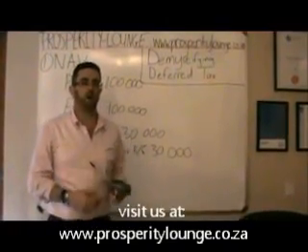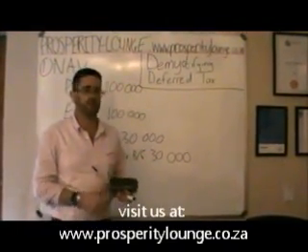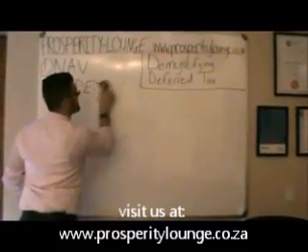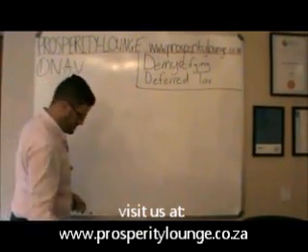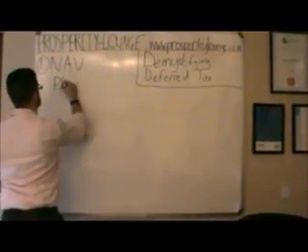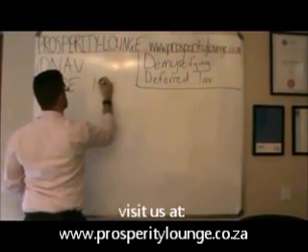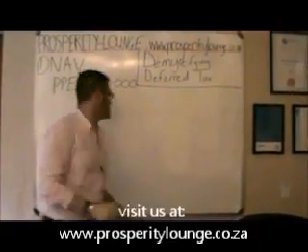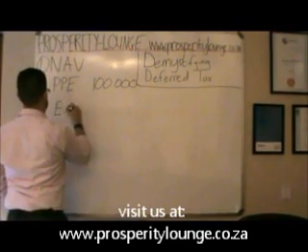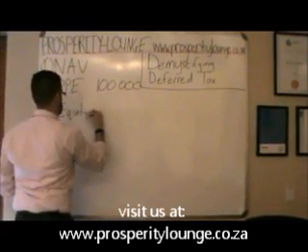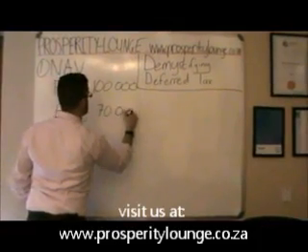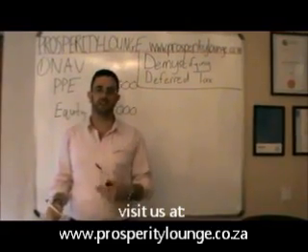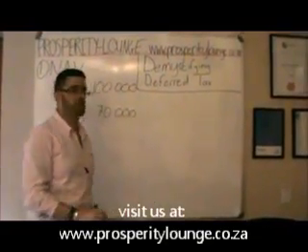If we now re-look at our balance sheet, we now have a balance sheet that looks in essence like this. PPE, 100,000 Rand. Equity of 70,000 Rand, being our original 100,000 Rand, less the 30,000 Rand charged to the income statement.